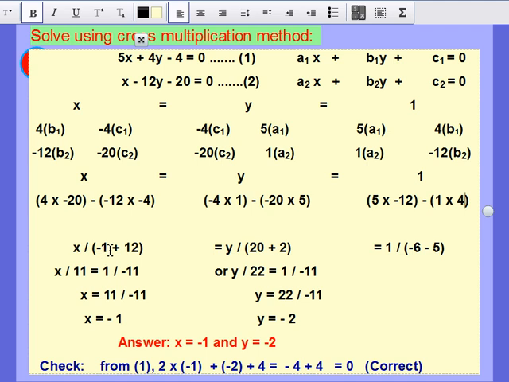So x upon, here you will get minus 80, minus 80. And here you will get minus only, minus 80 minus 48. I hope you can do it. And here you will get minus 4. I am not getting rid of this, but I am sure you can do it. 25 is 100, and here you will get 1 upon minus 60 and minus 4.